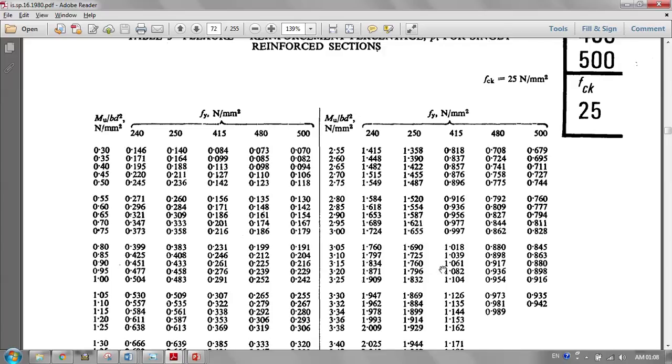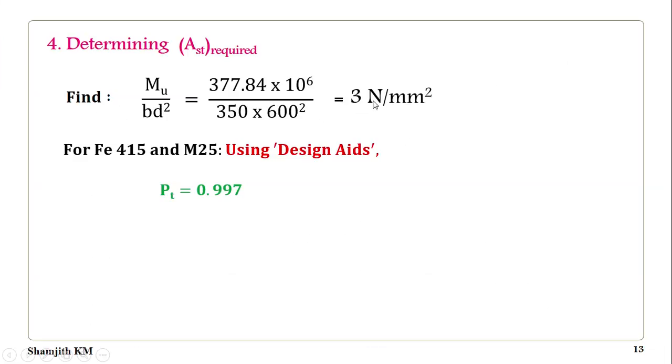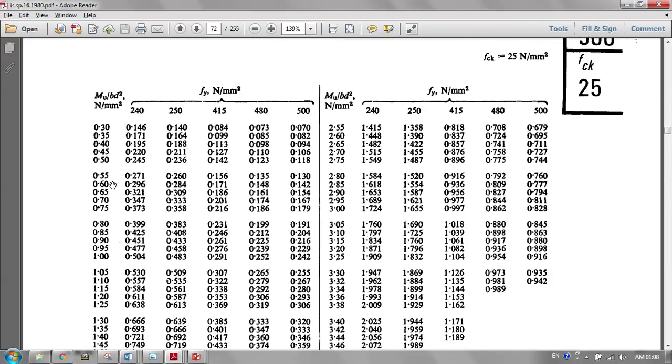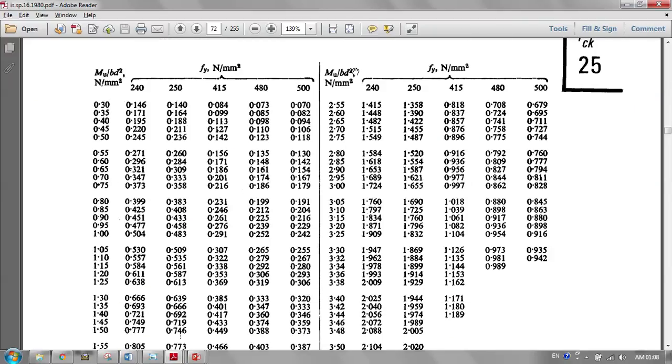These are all pt values, and on the left side here, this is Mu divided by bd square, and these values are fy. We have fy given as 415, and Mu divided by bd square we have already found as 3 Newton per mm square. So we will be checking where this Mu by bd square 3 and fy 415 intersect.